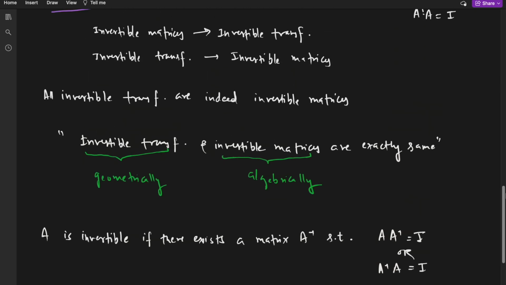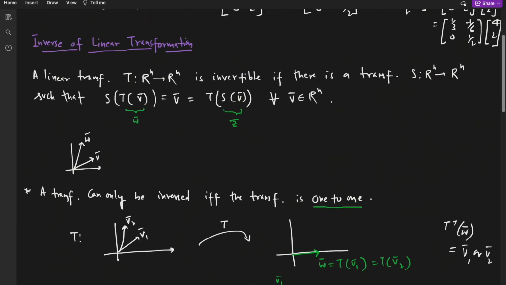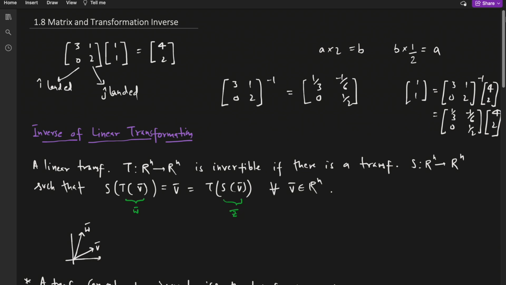So I think it is very much clear to you what the inverse of a matrix or inverse of a transformation is. Long story short, the inverse of a transformation or an invertible matrix is undoing the effect of the original transformation or original matrix.